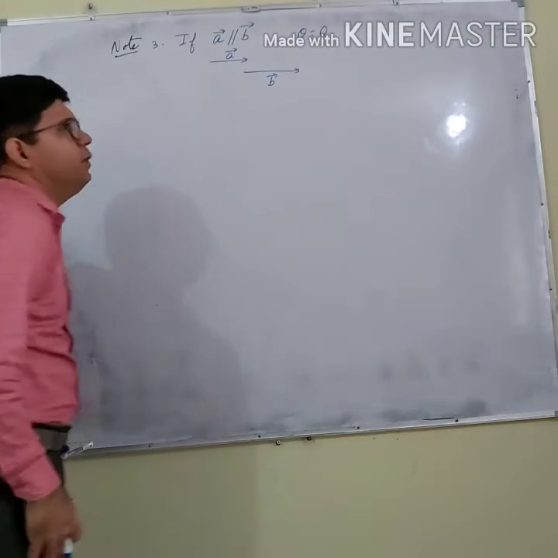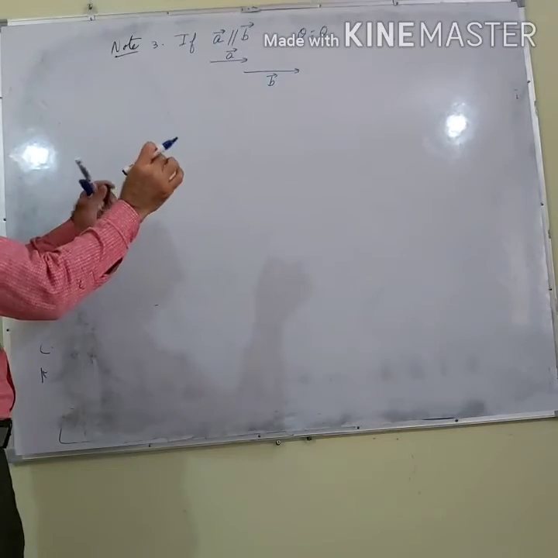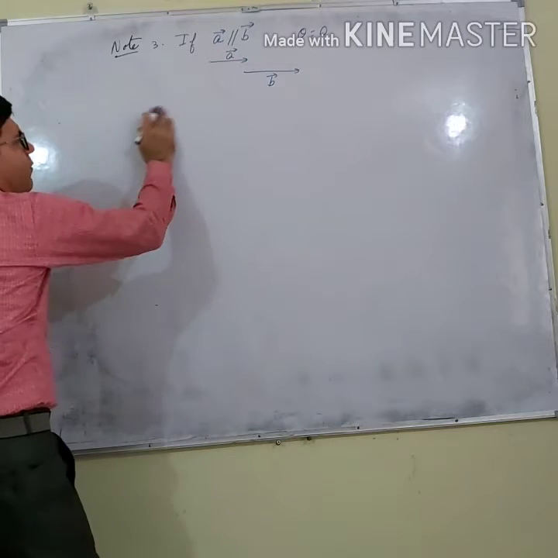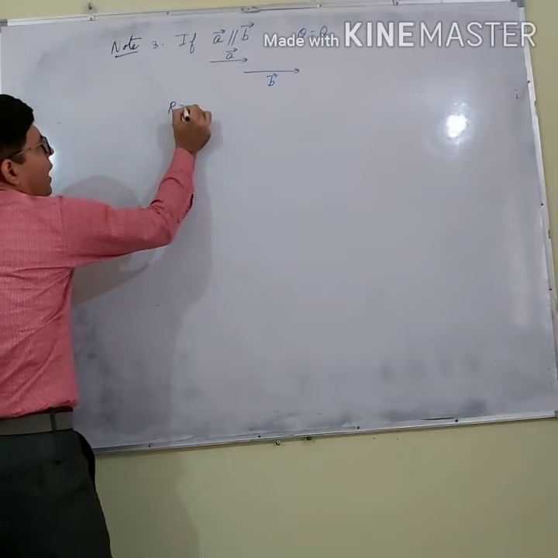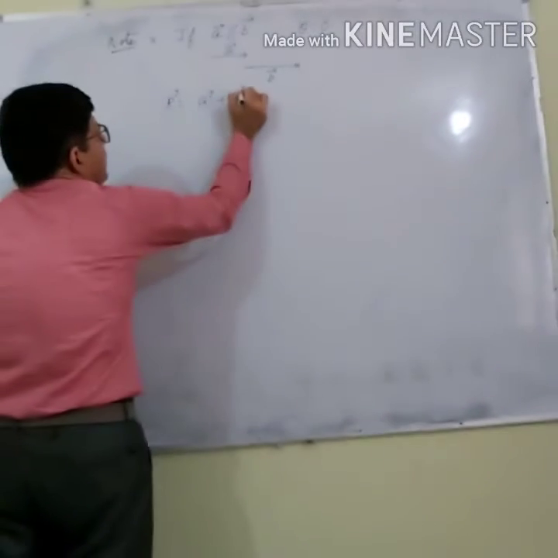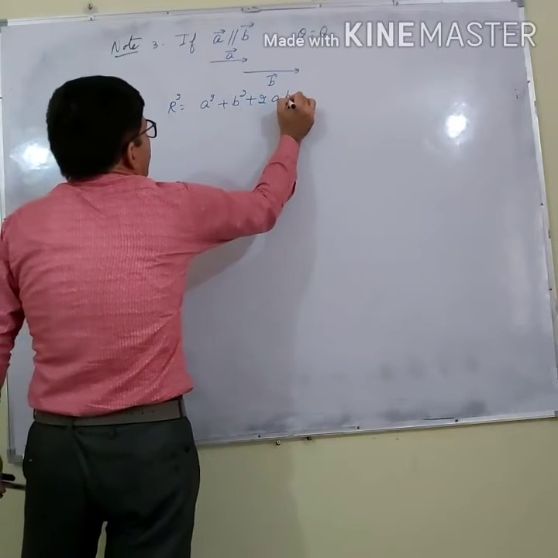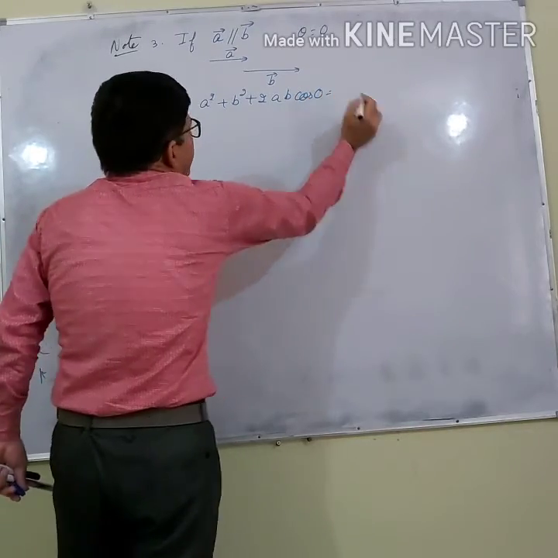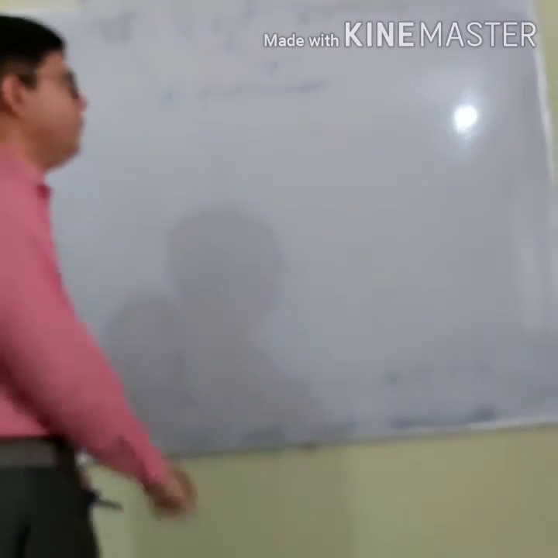The angle between them is 0. Then R square equals A square plus B square plus 2AB cos 0. Cos 0 is 1.